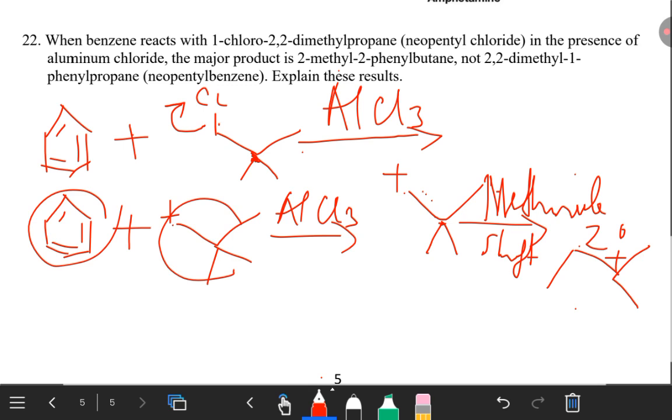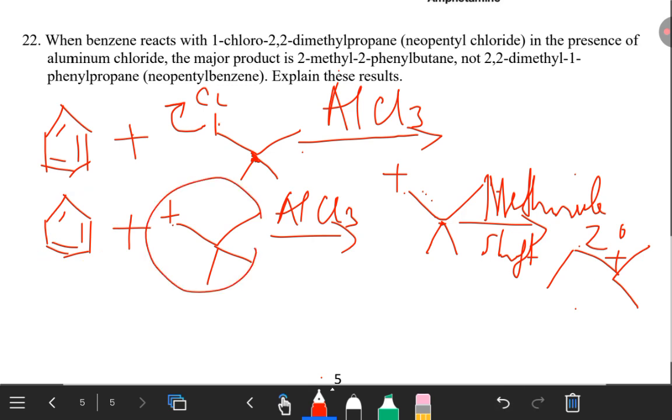The primary actually will produce this 2,2-dimethyl-1-phenylpropane, because it has a primary carbocation, and the primary carbocation is unstable. So we need to perform a methanide shift for us to form a stable carbocation, then we can do the reaction. So this carbocation is replaced with a stable carbocation.